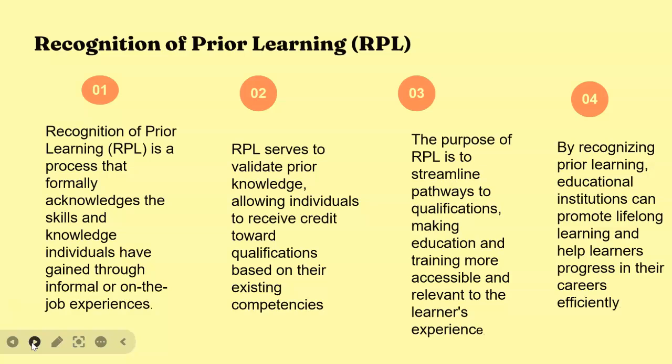The purpose of RPL is to streamline pathways to qualification, making education and training more accessible and relevant to the learner's experience. By recognizing prior learning, education institutions can promote lifelong learning and help candidates make progress in their career more efficiently.